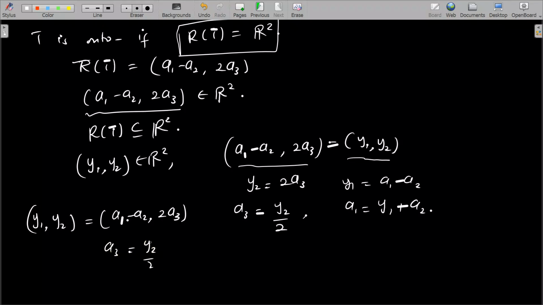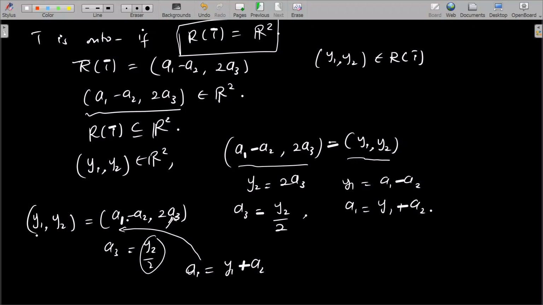If you plug a3 in here, you're going to get y2, and with a1 equal to y1 plus a2, if you plug this a1 here, you're going to have y1. So every vector we picked here, (y1, y2), also belongs to the range of T with particular selected a1, a2 and a3. So R2 is also a subset of the range of T.